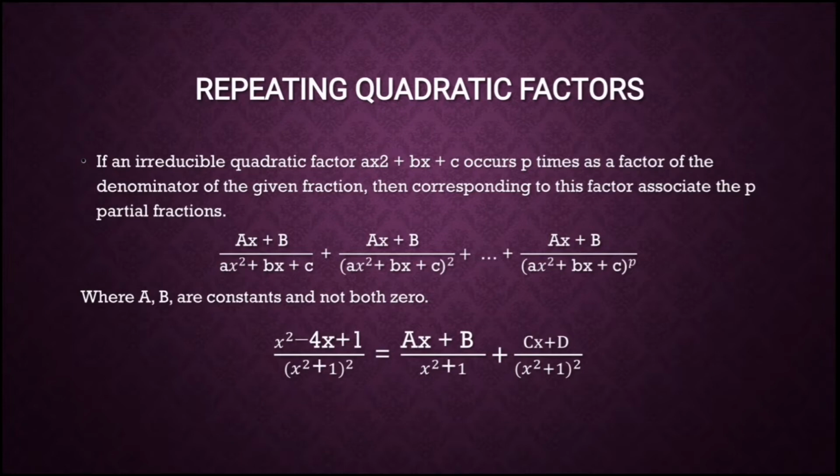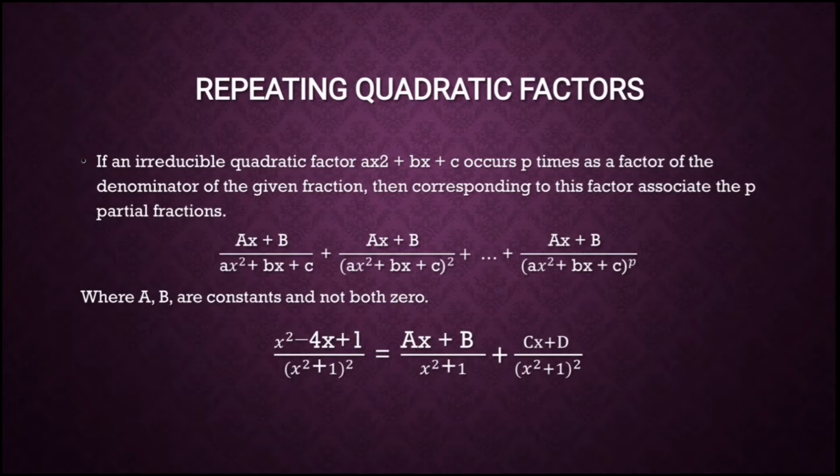So it could repeat twice, thrice, or many others. It could be in the form ax plus b over ax squared plus bx plus c, plus ax plus b over the quantity of ax squared plus bx plus c squared, up to infinity. Here a and b are constants and not both 0.